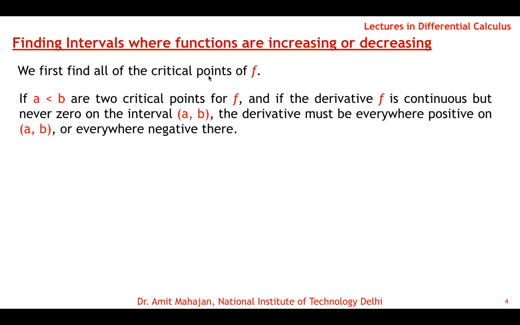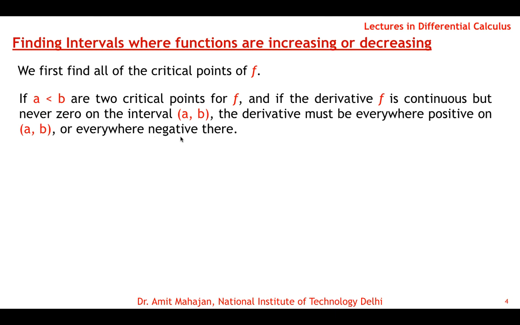Those critical points will divide the domain into subintervals. So if you have two critical points, say a and b, with a less than b, and there is no other critical point between them, that means the derivative of the function is continuous but never 0 on this interval, so the derivative must be everywhere positive on (a,b) or everywhere negative.